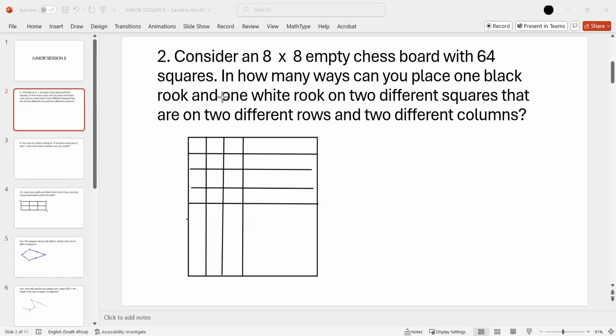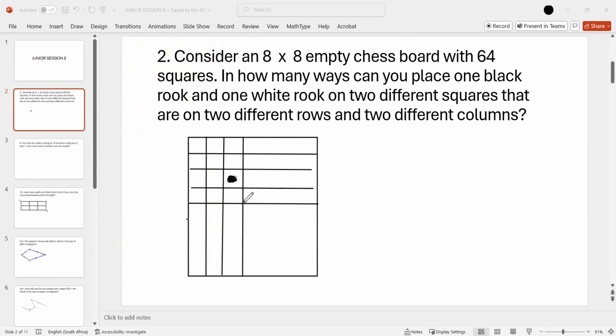And the question is, you want to place one black rook here. Let's just place it somewhere. And then you also want to place a white rook, but they must be on two different rows and two different columns.